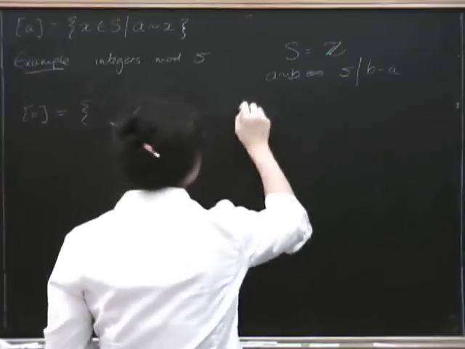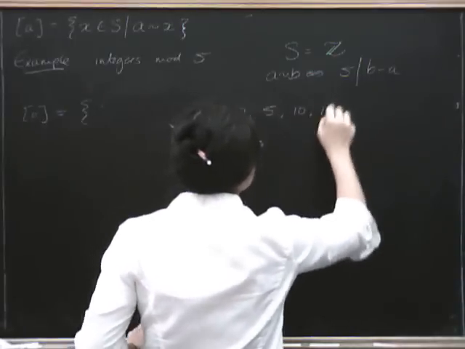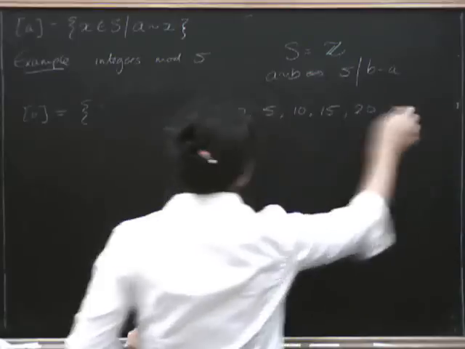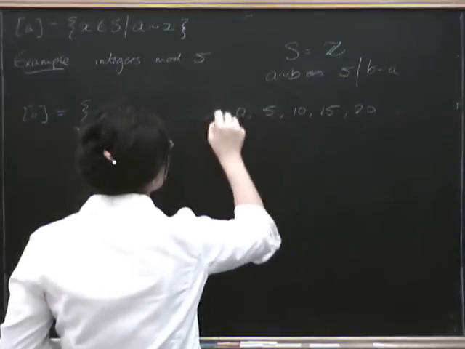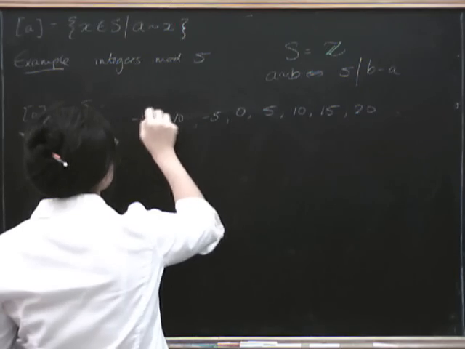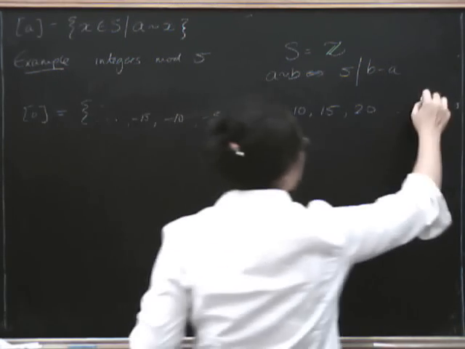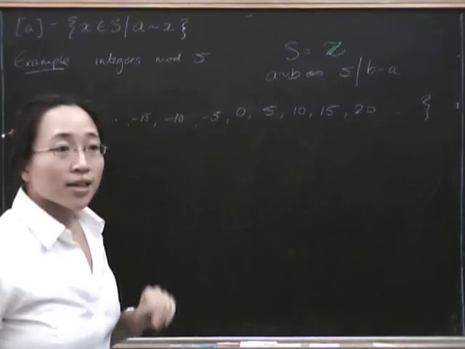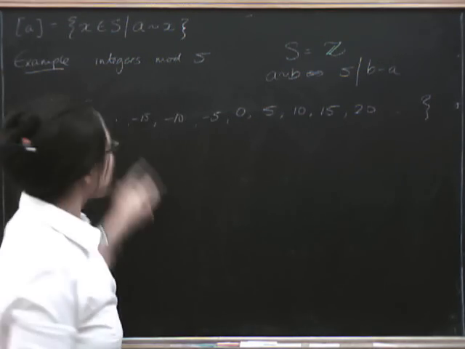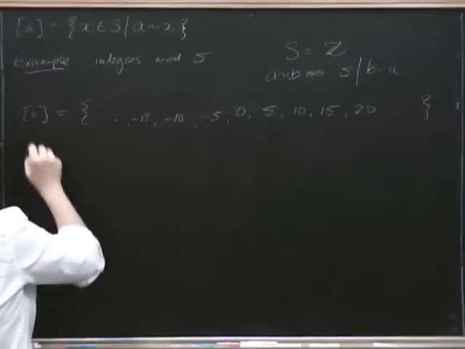I'm going to put my 0 here, and I'm going to go 5, 10, 15, 20, and so on. And also minus 5, minus 10, minus 15, and so on in that direction. So it goes off in both directions. And the equivalence class is the set of all the integers equivalent to 0. So what about the equivalence class of 1?